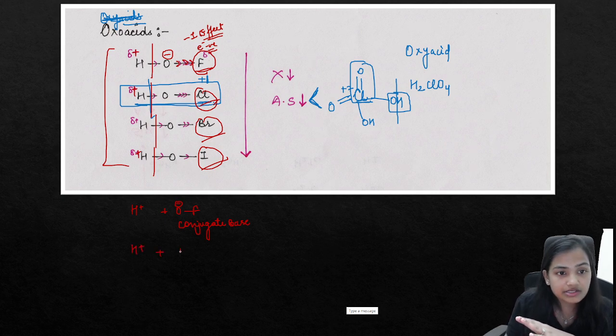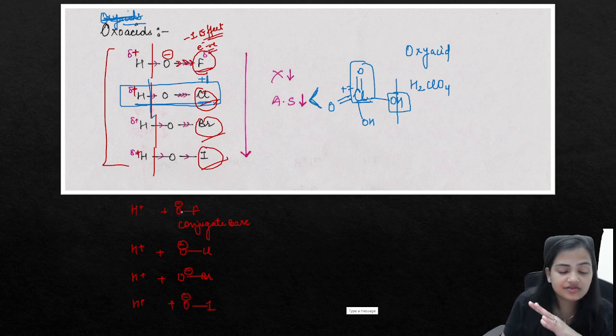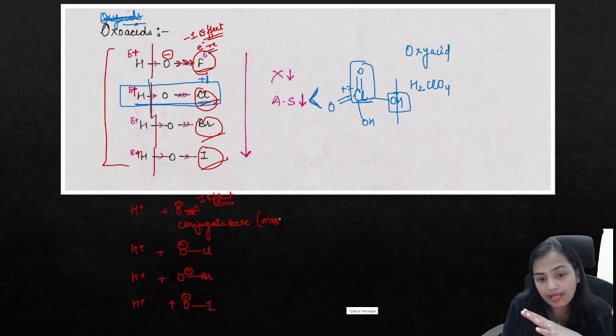Okay, now let's have a look. This is H positive, this is OCl, this is H positive, and this is OBr, this is H positive, and this is OI. So in which case is this negative charge extra stable? Here the fluorine has a strong -I effect, and because of the strong -I effect, this conjugate base is more stable. This is more stable, and so therefore it is most acidic.